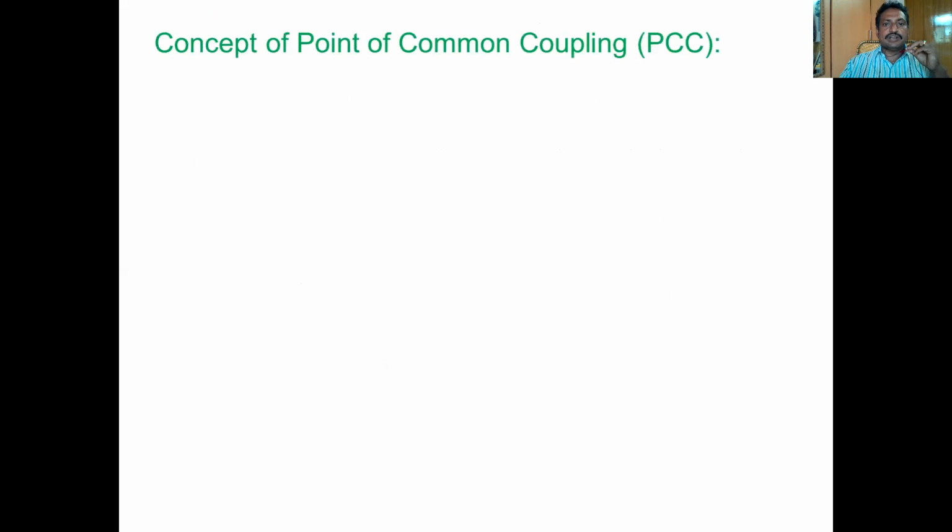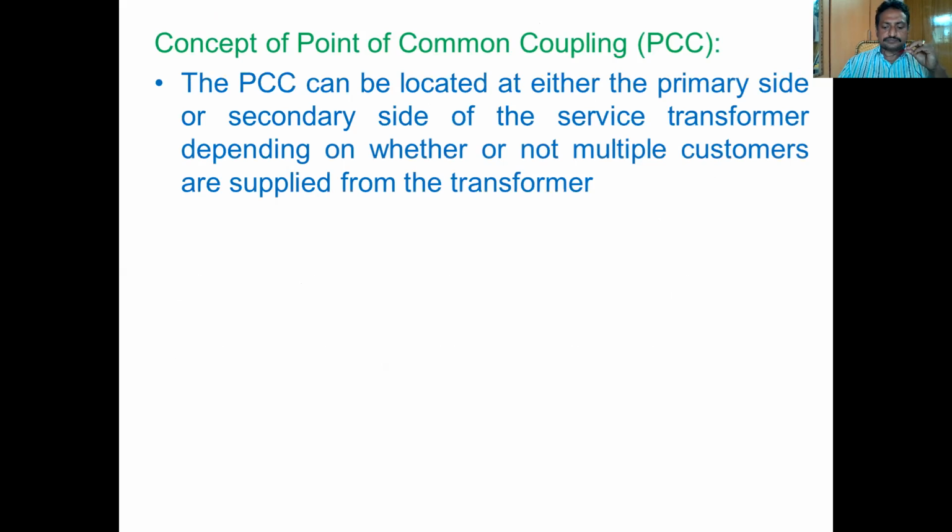First, the concept of point of common coupling, PCC. What is a PCC? Very simple. The interconnection of more number of utilities at a point on a transformer is called the point of common coupling. It may be on the primary side or on the secondary side, the service side of the transformer. I will show with the help of a picture using the transformer.